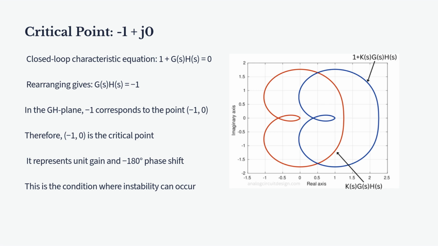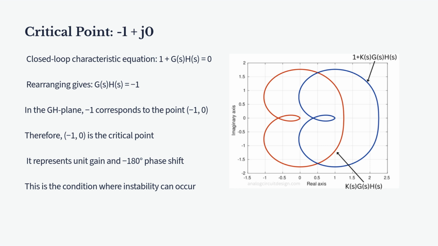Now let's talk about the critical point. The closed loop characteristic equation is 1 plus G(s)H(s) equals 0. If we rearrange it, G(s)H(s) equals minus 1. In the GH plane, minus 1 is the point minus 1 comma 0.